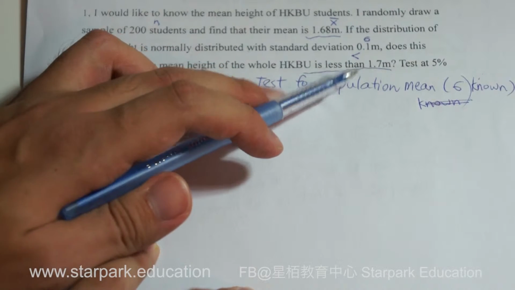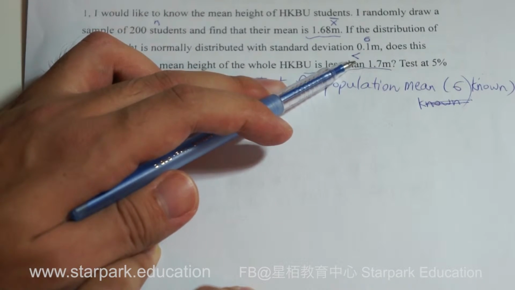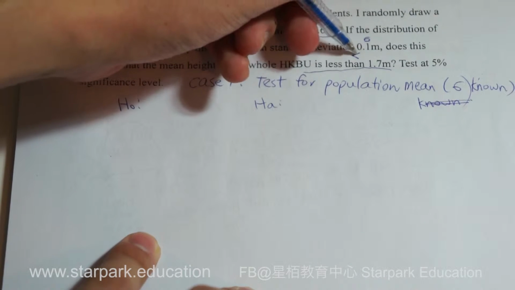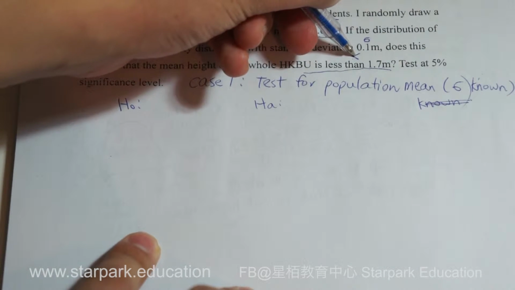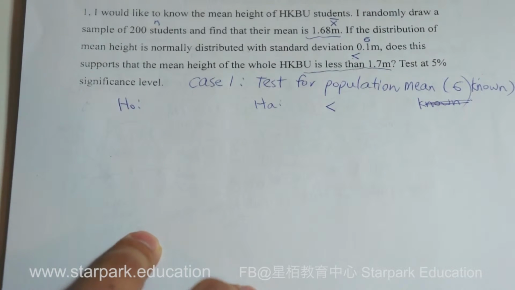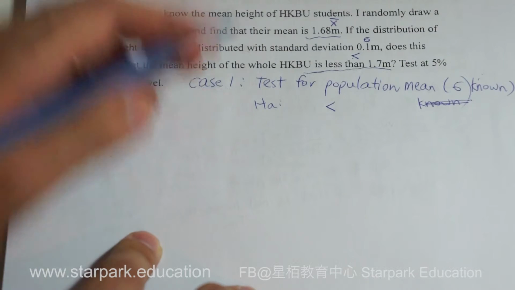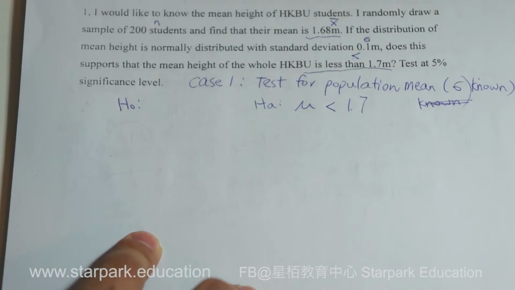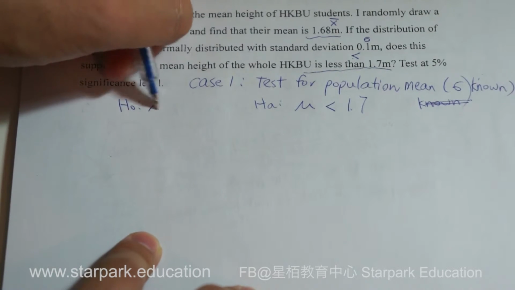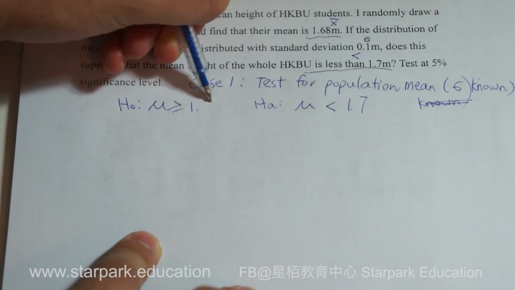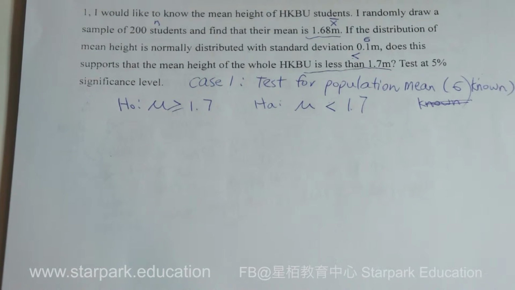So according to the previous video, as I said, for those without an equal sign, we have to put it on the right hand side. That means the alternative hypothesis: mu smaller than 1.7 meters tall should be the alternative. The left hand side, of course, is the opposite of this symbol. So that means mu larger than or equal to 1.7 meters.